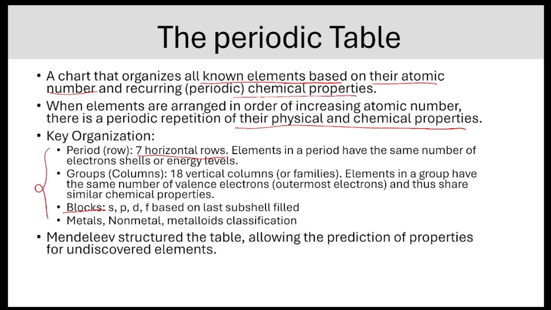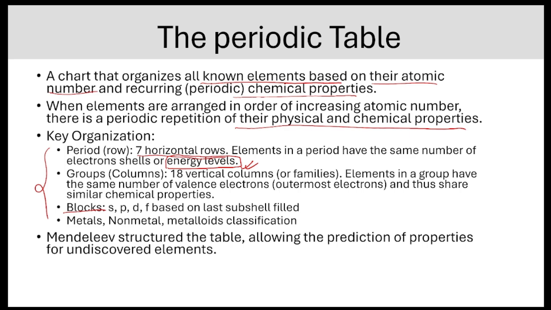Every element in a given period has the same number of electron shells, or the energy level. So within the same horizontal row, all the elements will have the same number of electron shells or same level of energy. For instance, every element in period 3 has electrons filling the first 3 principal energy levels.